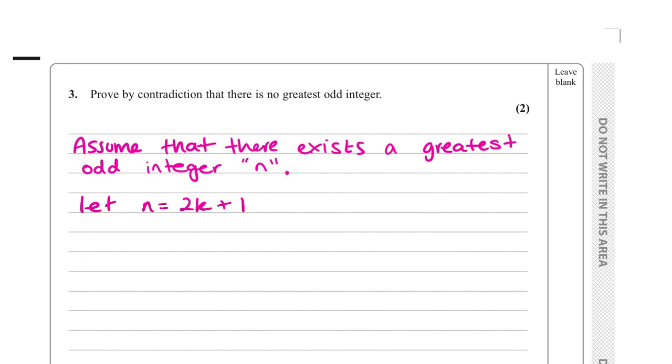Because when we say let it be n, remember n is not technically an odd number. Or if you don't like this step, you can go straight away to let the odd number equal 2k plus 1. Right? Okay.